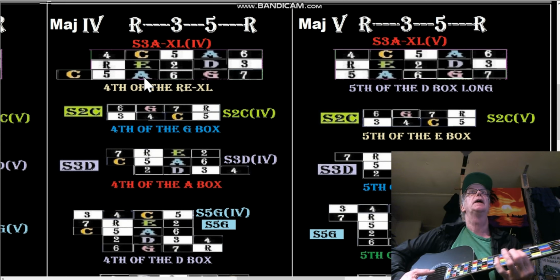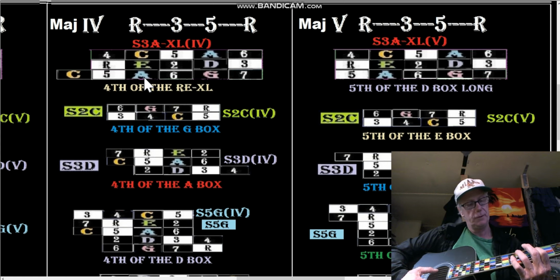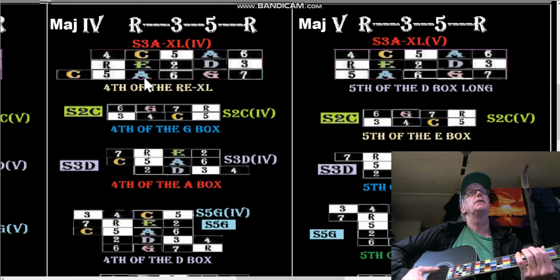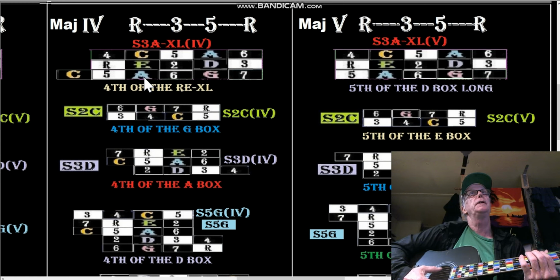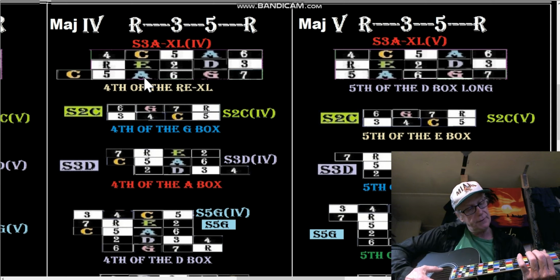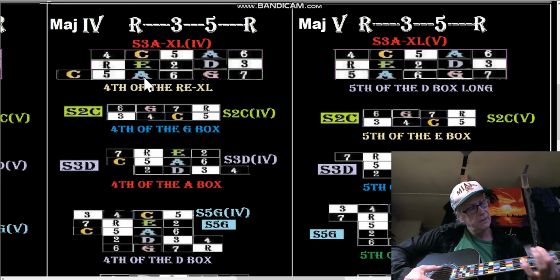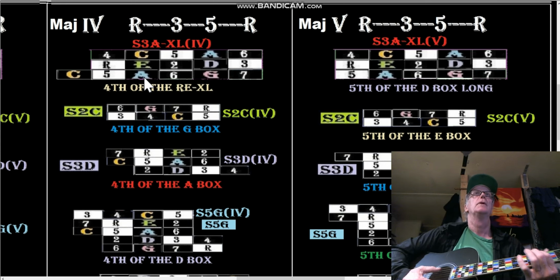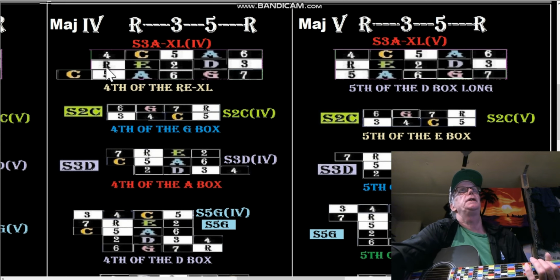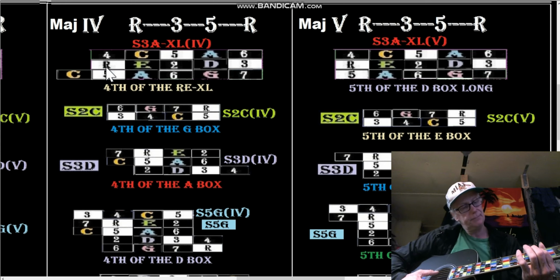Like that. So it'd be 5, root, 3, 5. And there it is. There's our fourth, the A shape there. There's our triad there. The root is the B flat.